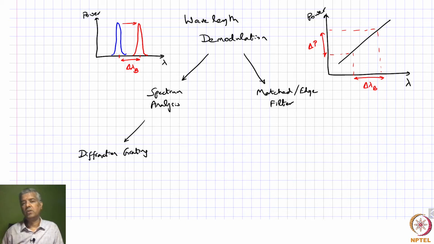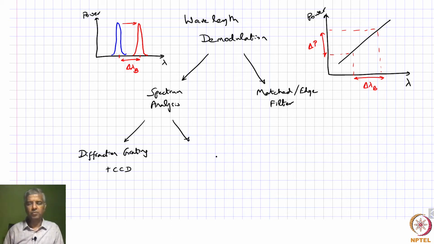So, by using a diffraction grating with a CCD element to pick up all these different spectral components, you can get an entire power spectrum of an optical source. That is what we call a spectrometer in general. We will go into some of those details in a minute.